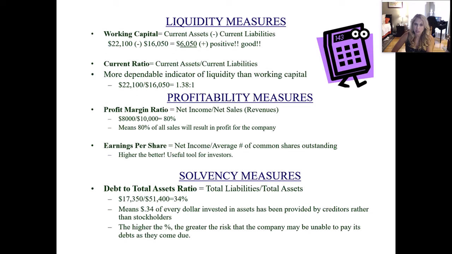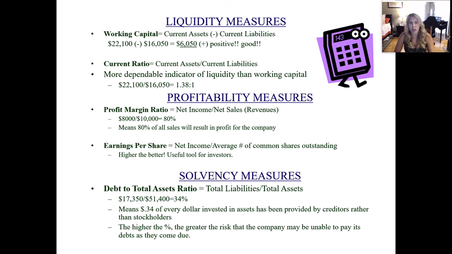Okay, so here are some examples of the three categories. There are more. There's tons of financial ratios out there. So the two most popular liquidity measures are your working capital and your current ratio. Here you'll use both the current assets and current liabilities figures. I pulled the numbers from the financial statements that we just prepared to calculate these ratios.